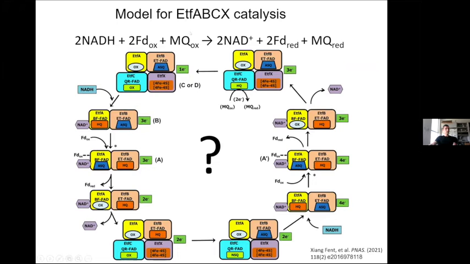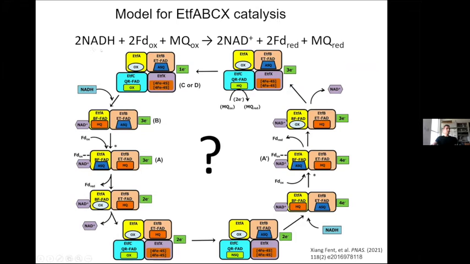I am looking at, in this case, the electron transfer flavoprotein ABCX. There's still quite a bit of uncertainty about the mechanism of how the electrons are being transferred. This is currently the newest model that's come out. There have been several iterations that are quite different in what's doing what.